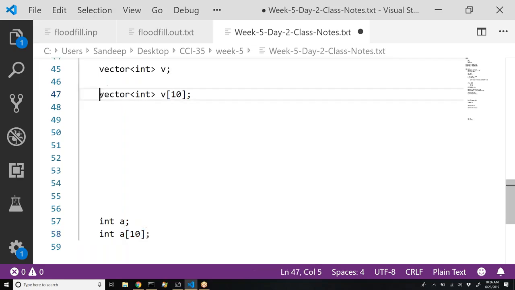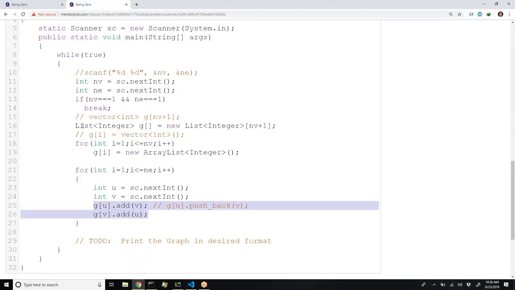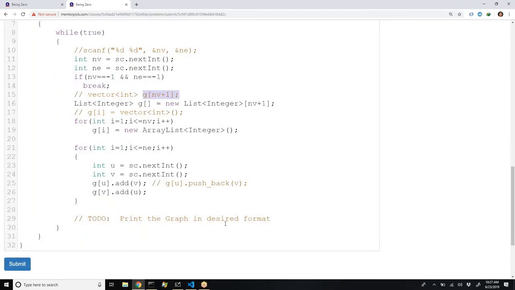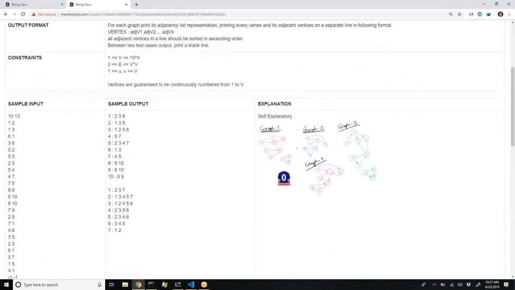This exactly is what we did. We wanted array of nv integers, so array of nv lists. So that is what we did here. We created a vector of int g of nv plus 1 because it is one index based. Now what does it say desired format?